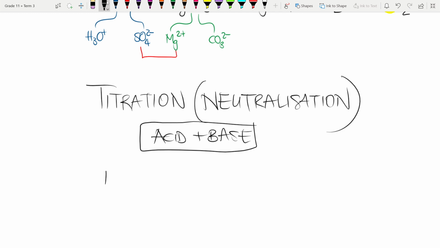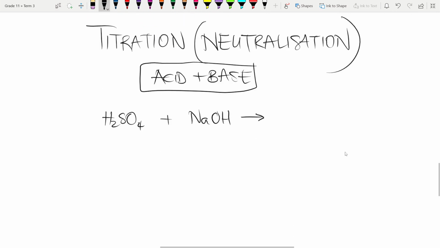So let's take H2SO4 and react it with NaOH. One arrow, because that's neutralization and it's a strong acid and a strong base.